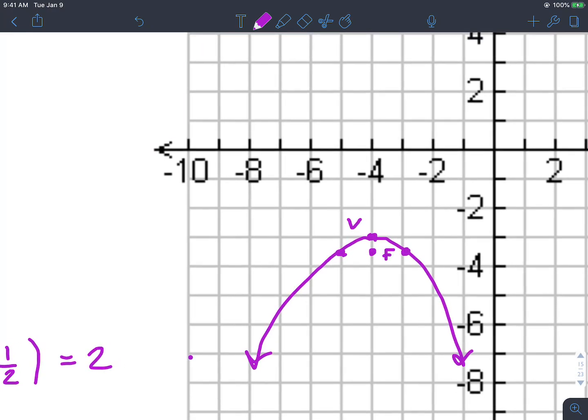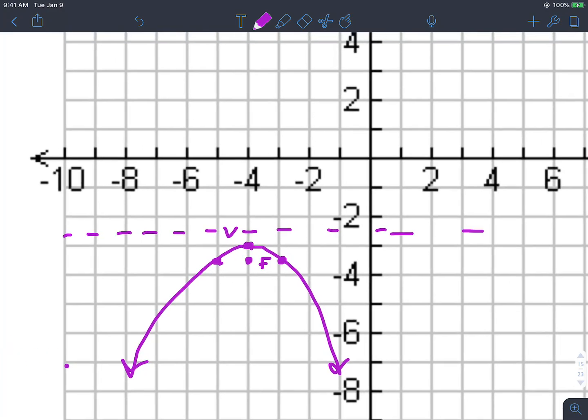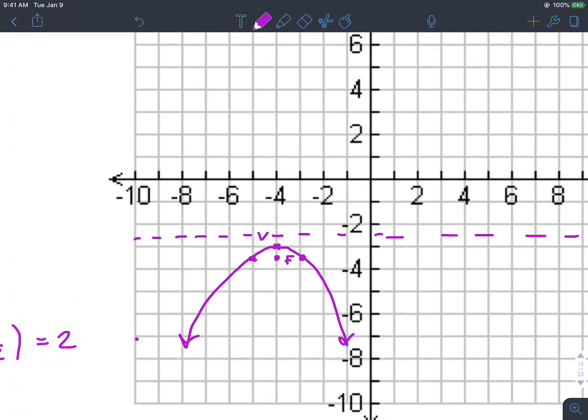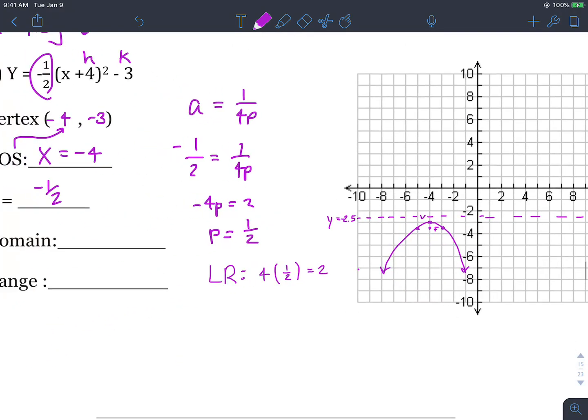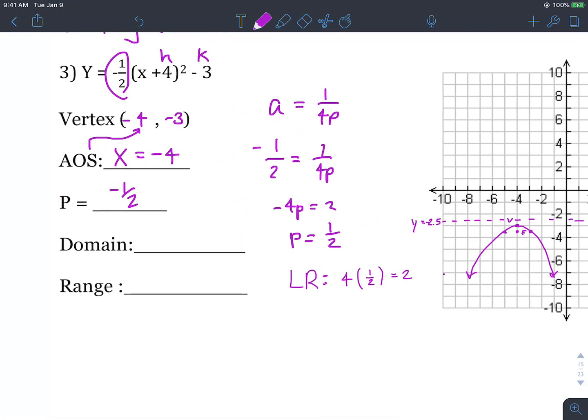Your directrix will go 1/2 the other way. So I do a little dotted line kind of like that right there. That's your directrix. And I guess that's at the line y equals, that's kind of like between 2 and 3, so I guess negative 2.5. And then you'll be good to go. So domain, negative infinity to infinity, range goes down forever, so negative infinity, and then all the way up to negative 3.